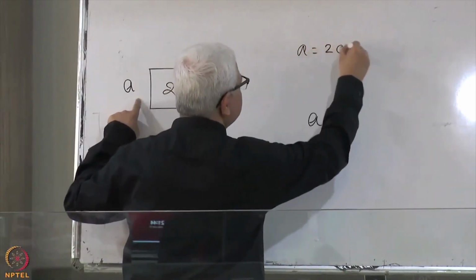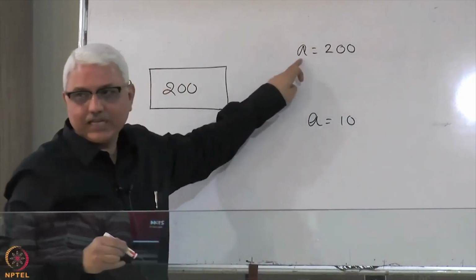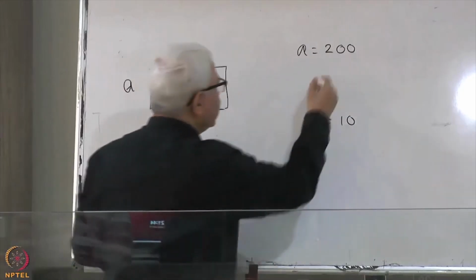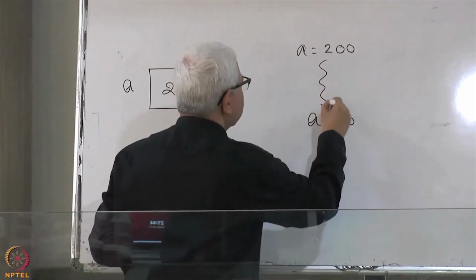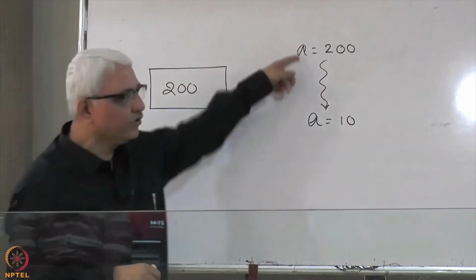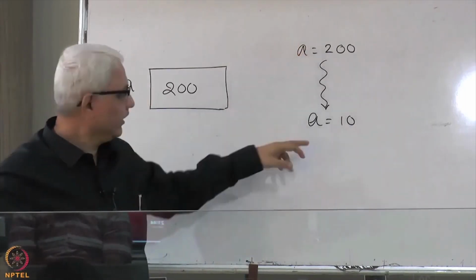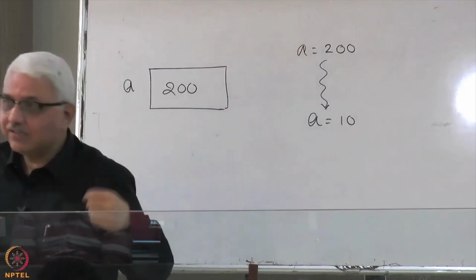I am simplifying the matter. Now I am putting this value 200 in A. In this region, do I need the value of A? Assuming that there is no other statement that reads the value of A, I do not need the value of A. This is overwriting the value of A.